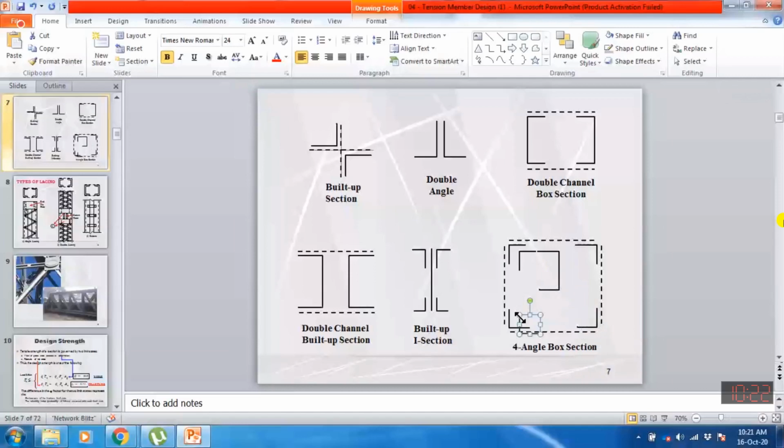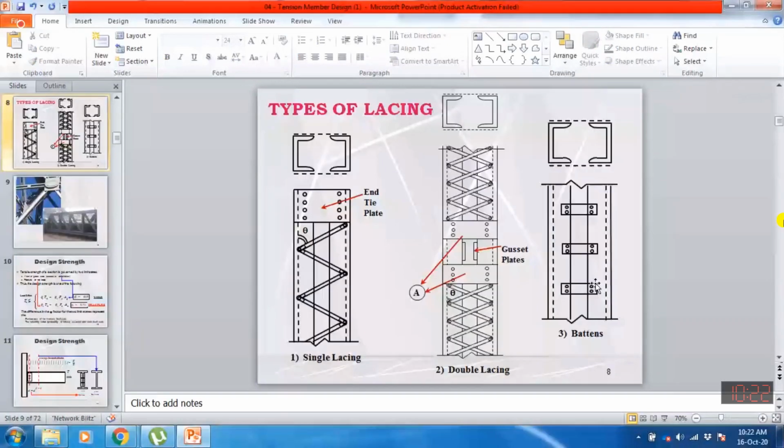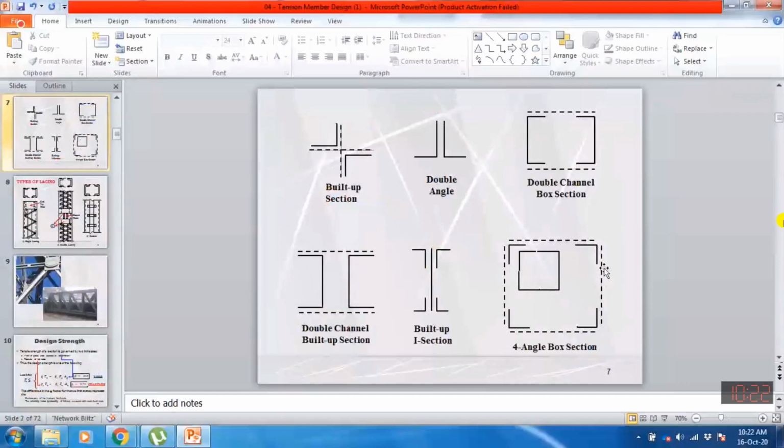In this example, you will see that these four angle sections which are placed very close to each other, and these four angle sections which are placed at a larger distance, have the same area. It means that a larger box section and this section have the same cross-section area. We are ignoring, obviously, the lacing area, but the area is almost the same. But the four angle sections placed very close will have a much smaller moment of inertia as compared to the four angle sections placed at a larger distance.